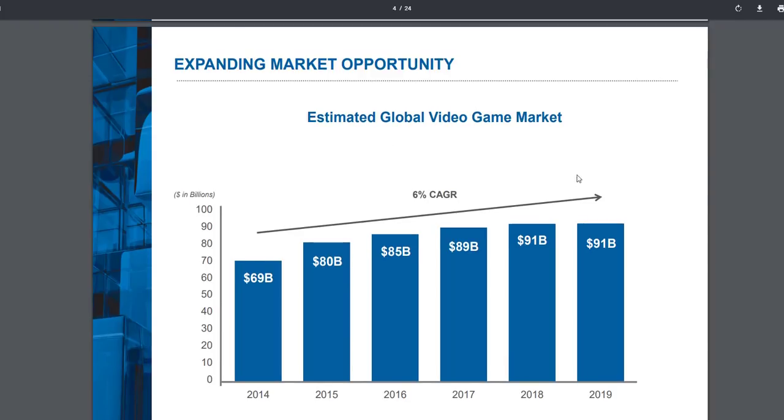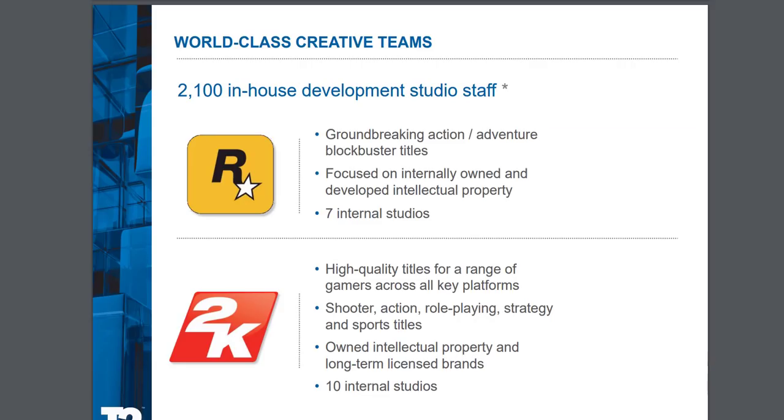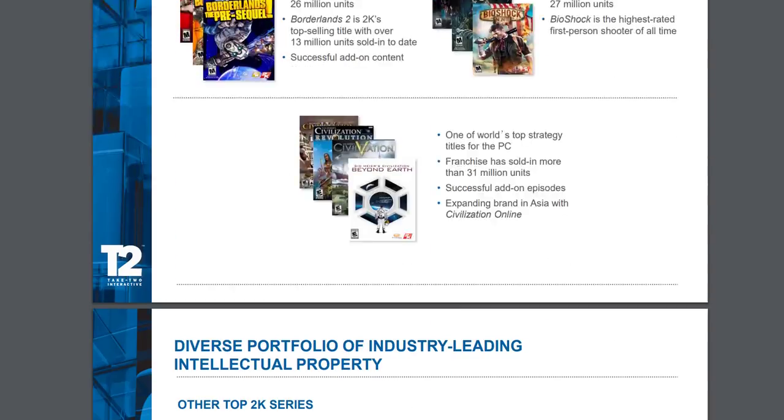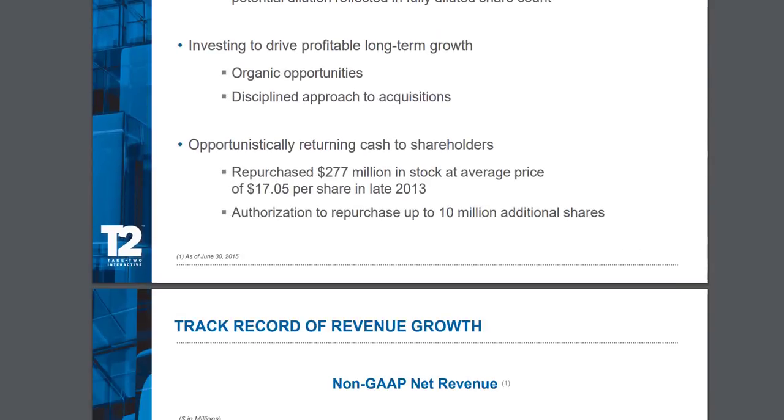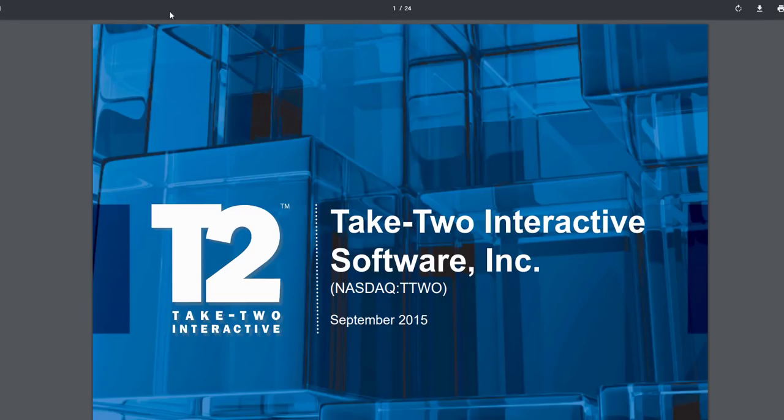Here they're saying they expect the global video game market to grow by 6% on average through 2019. They talk about how many people they have. Again, I don't want to spend time on this in this video, but this is where you would go and look at what's really happening to the company, and even look for guidance on what the company might be suggesting to analysts that they might be able to do going forward.